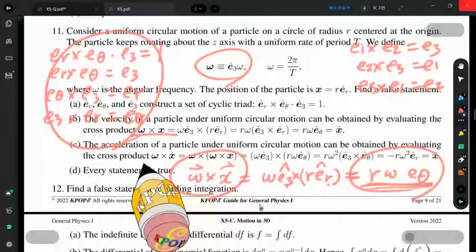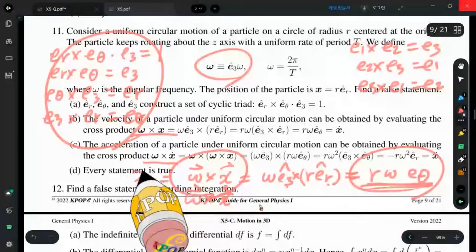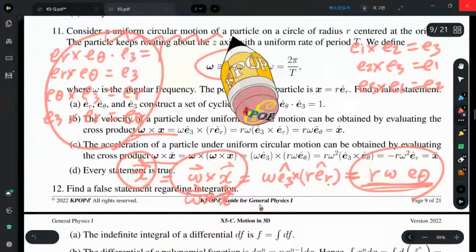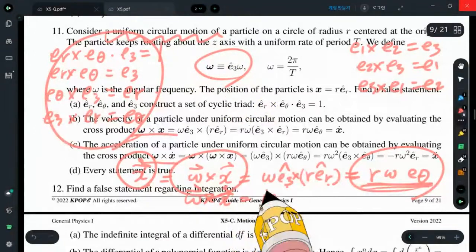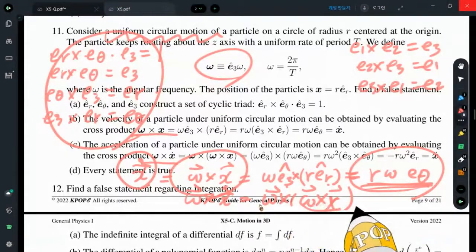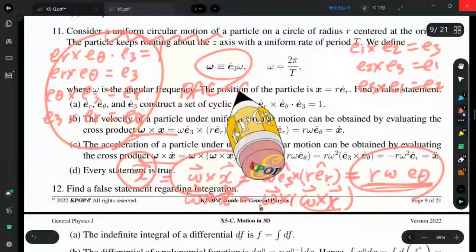And what about omega cross x? This is x dot. Tangential velocity is obtained in the uniform circular motion. And so we have omega cross r, omega cross x. So this is x dot. Last class we learned the back-cab rule.